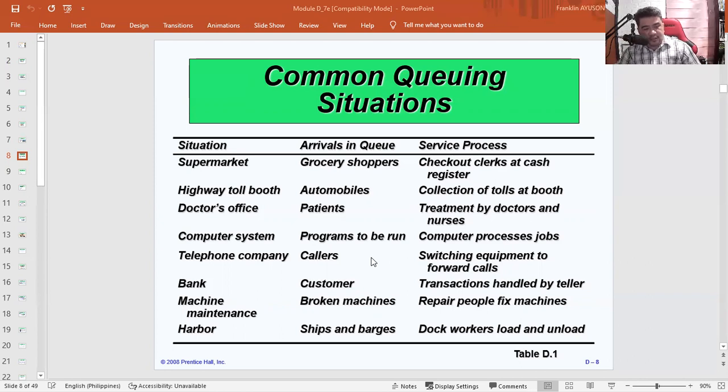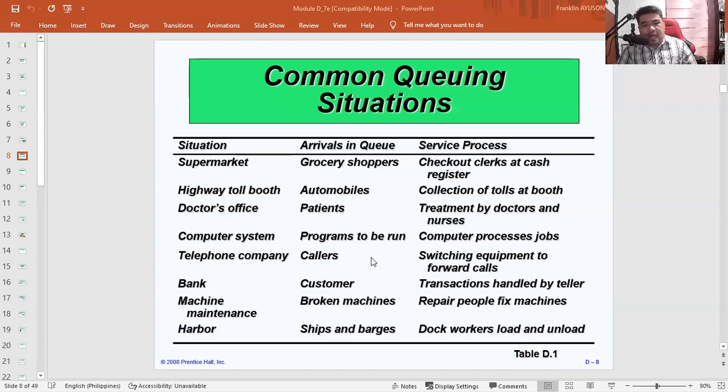For machine maintenance, arrivals in the queue are broken machines, and the service process are repair people fixing the machines. For a harbor, ships and barges arrive, and dock workers load and unload materials and products to be transported. So these are the common queuing situations that we actually experience.